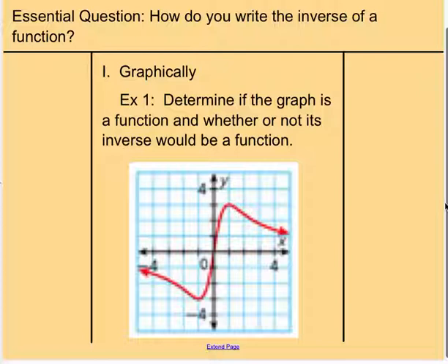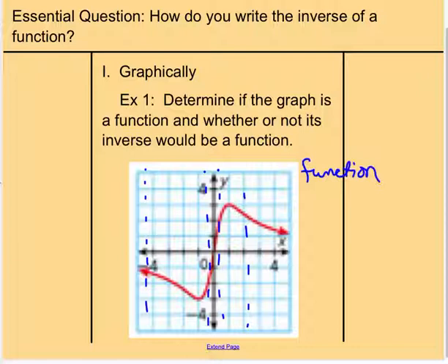So I'm going to start by looking at vertical lines. Any vertical line that I place on this graph will only touch the graph once. I can't see a single spot where I can put a vertical line that would touch the graph more than once. So yes, this is a function.